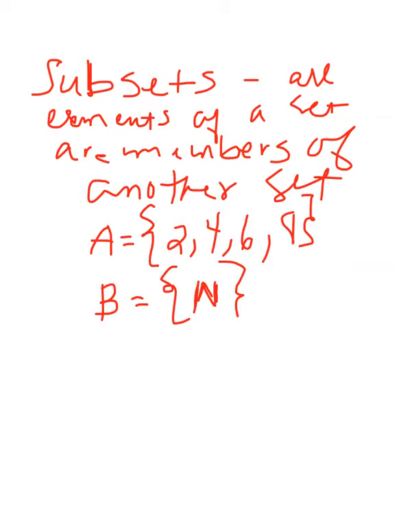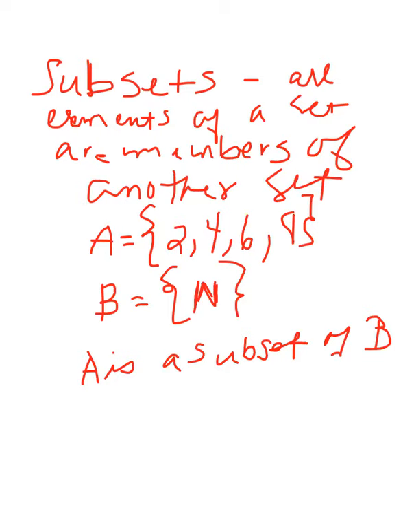So one of the ways I could describe this when we talk about subsets is to say that A is a subset of set B. What does that mean? It means that all the elements which are in A, 2, 4, 6, 8, are also a part of the elements in set B. In that case, all the natural numbers. Remember, all the natural numbers are 1, 2, 3, 4, 5, 6, 7, 8, 9, 10, keep going all the way down to infinity. So yes, set A is contained within set B.